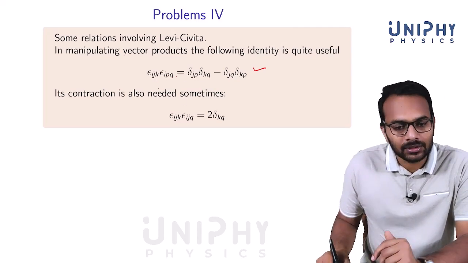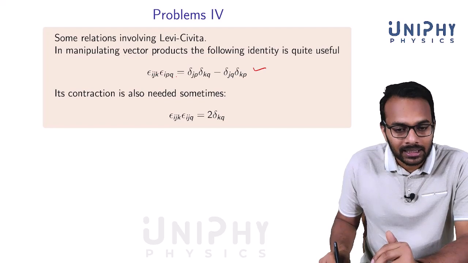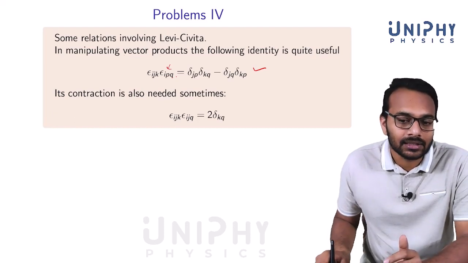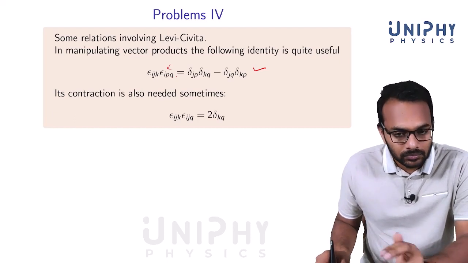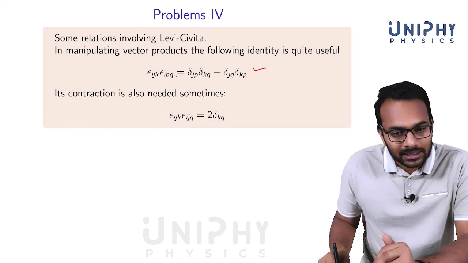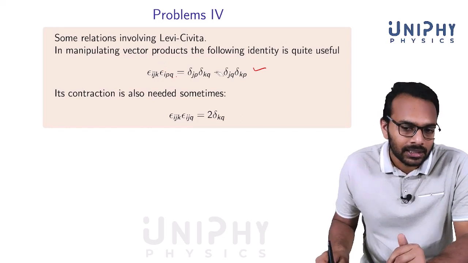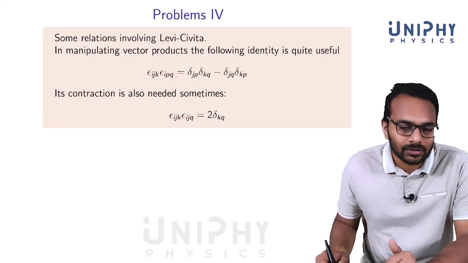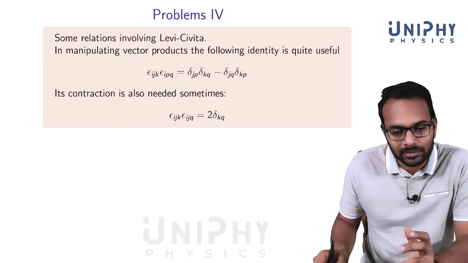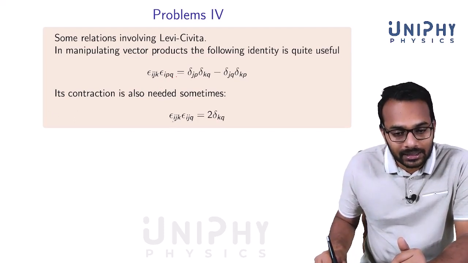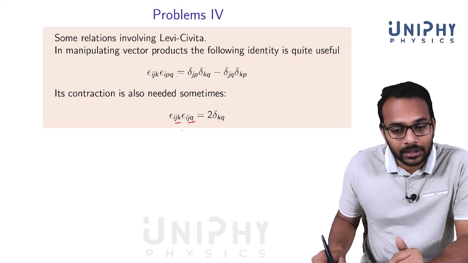In that case, this is known as a contraction, because after we equate these two indices, we lose one index. You see that on the left-hand side, it seems that there are 3 plus 3, 6 indices, and on the right-hand side, there are only 4 indices. That's because this has been contracted; we have summed over that one. So that's one way to check the consistency of an equation, by looking at the indices. You can also think about something like epsilon ijk, epsilon ijq.